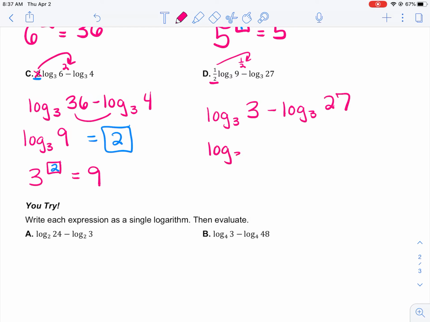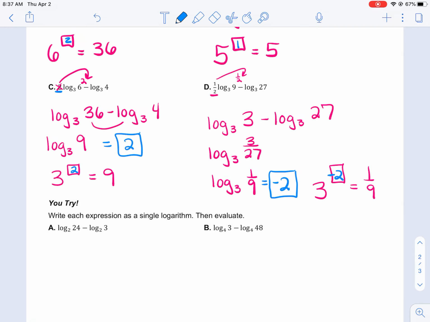So now if I condense, I get log base 3 of 3 over 27. So that's going to be log base 3 of 1/9. And so we have to figure out 3 to what power equals 1/9. We know 3 squared is 9. So if it's 1/9, then that exponent must be negative. And so the answer is -2.